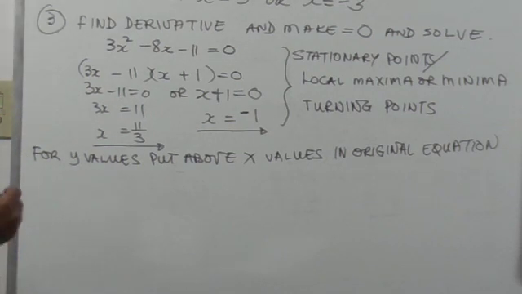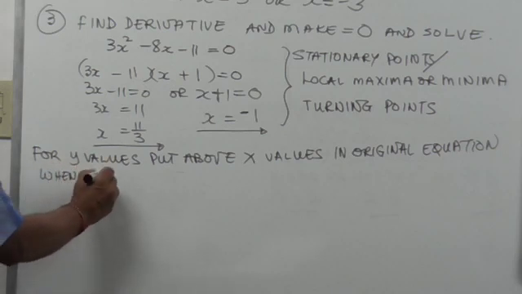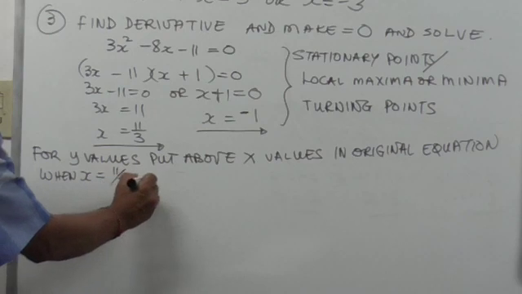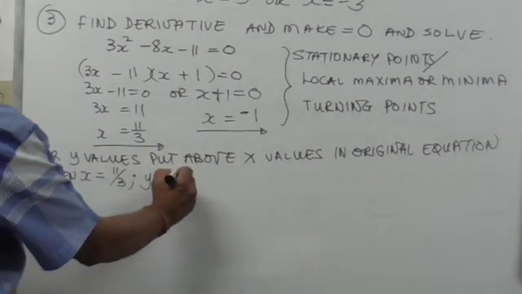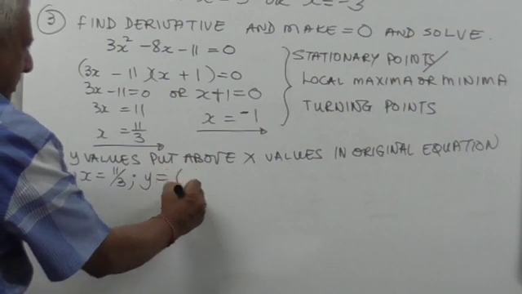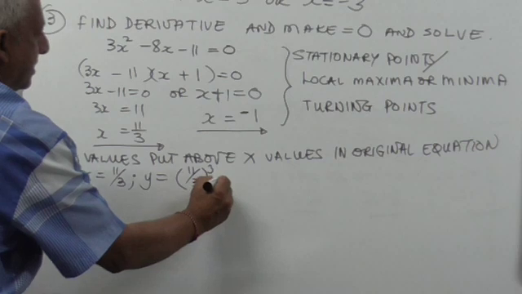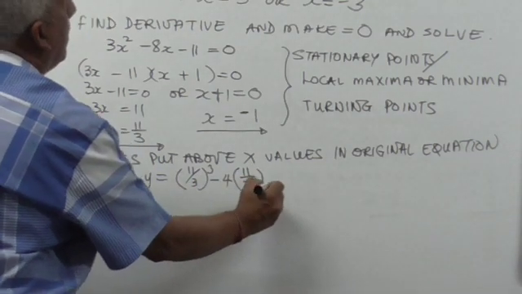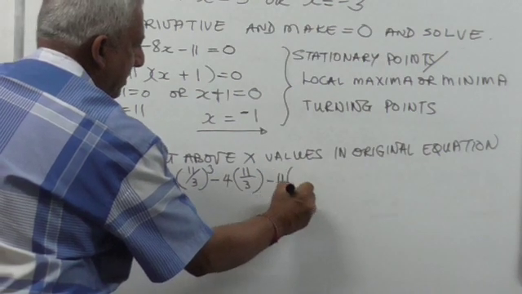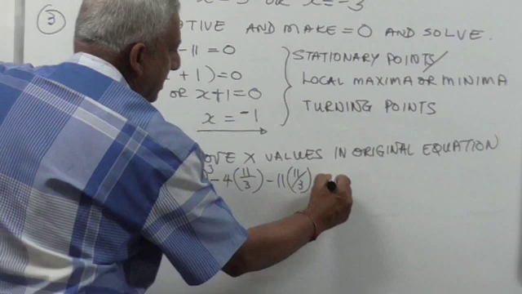So when x is equal to 11 over 3, y is equal to, and you put in the original equation, 11 over 3 cubed minus 4 into 11 over 3 minus 11 into 11 over 3 plus 30.